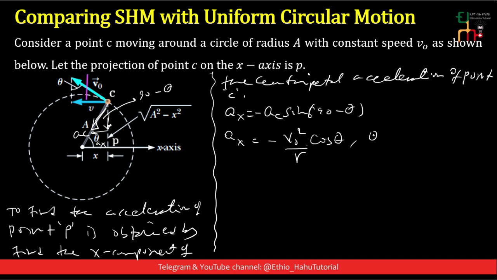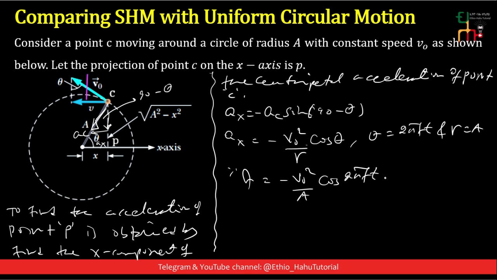And here theta is simply 2 pi f times t, and r is equal to a. Therefore, the acceleration of point P is equal to minus v naught square over a times cosine of 2 pi f times t. Again, v naught is equal to r times omega naught, or a times omega naught. Substitute for v naught.